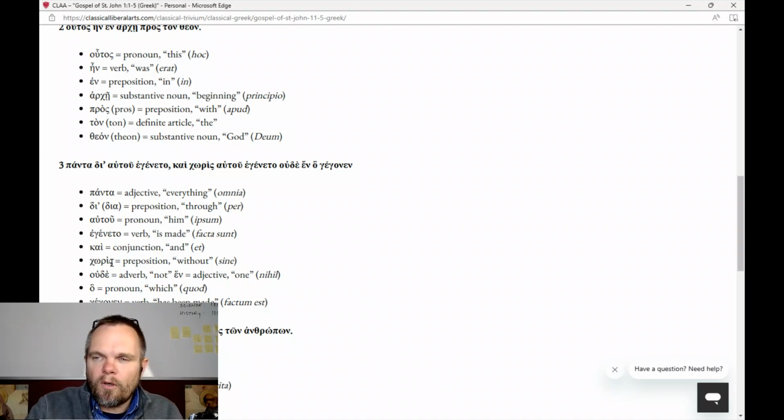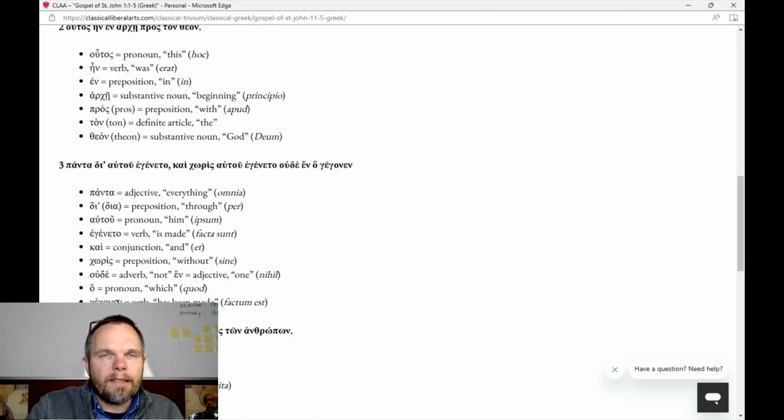So, choris autou, without him, egeneto is made ude hen, not one thing, ho, which, gegonen. And you see gegonen is translated has been made or was made.